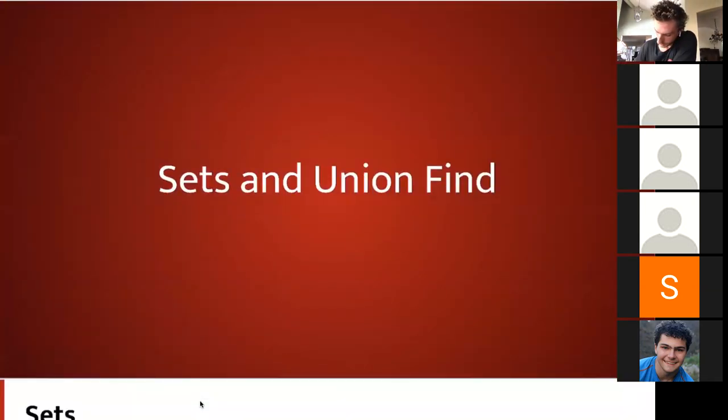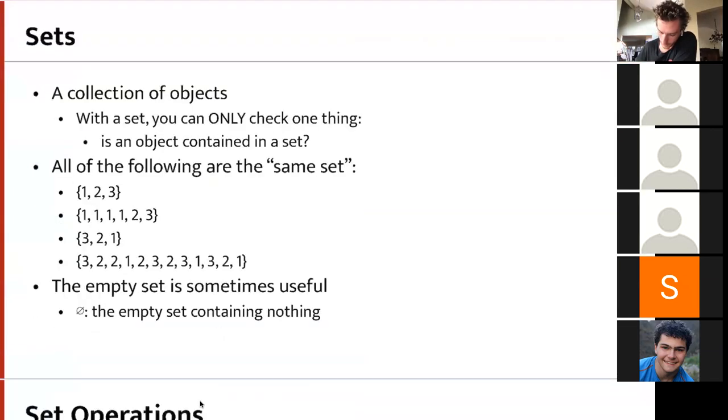All right, we're going to talk a bit about sets and union find, which is usually referred to as a data structure in this class, but it's not a data structure. It is an algorithm. So sets are collections of objects. There's only one thing you do with a set, and that is check membership.